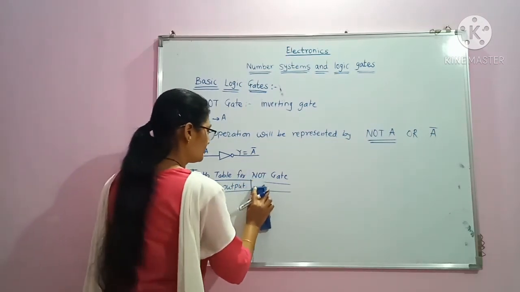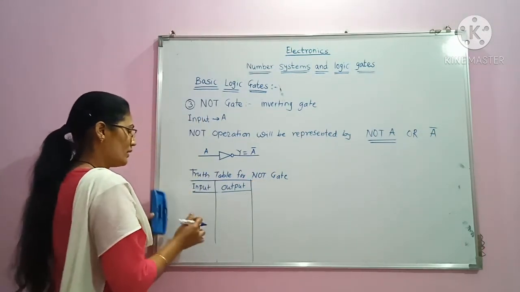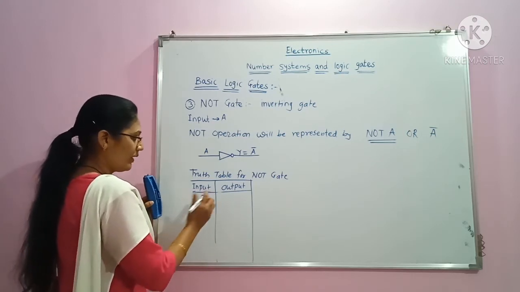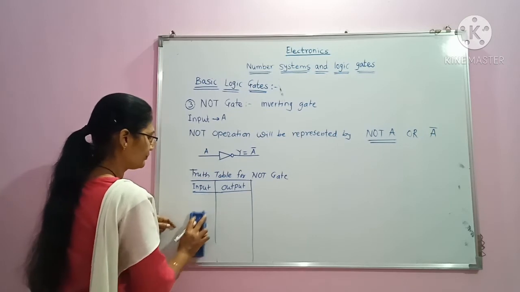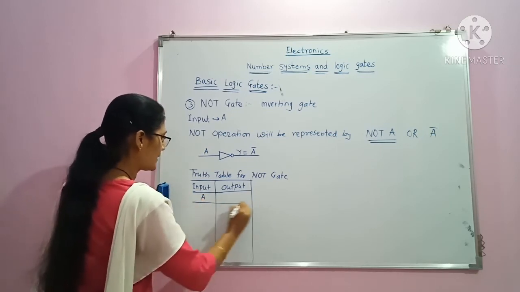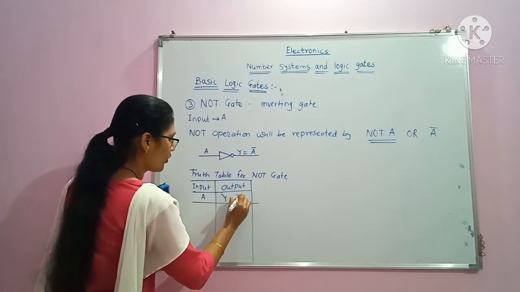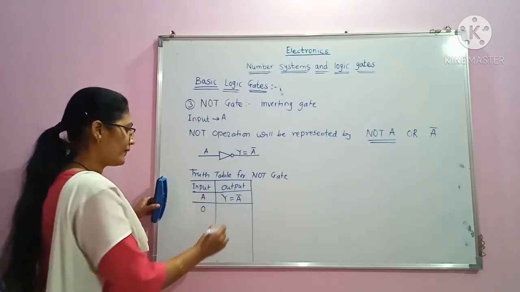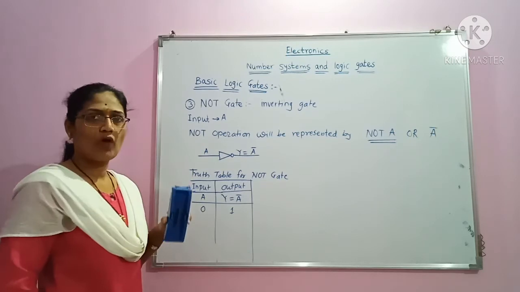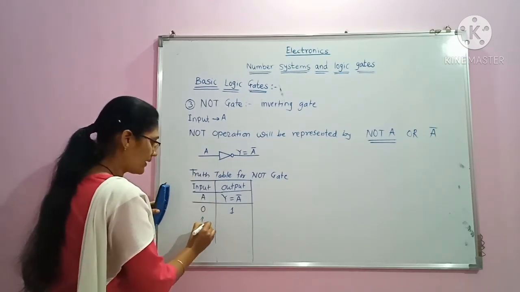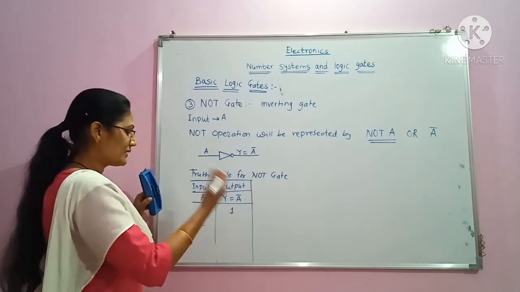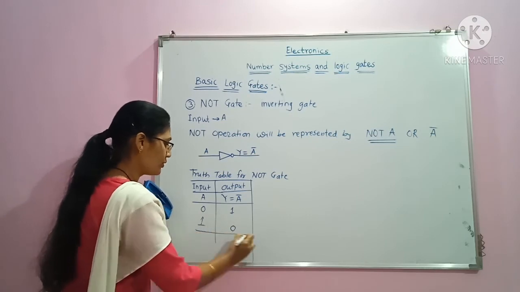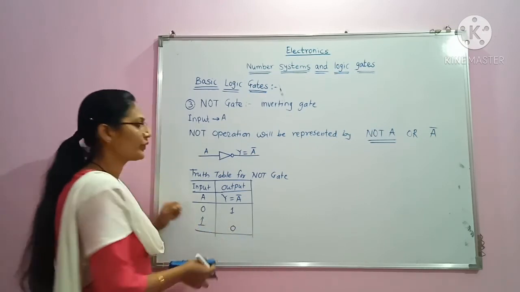We know that there are only two possibilities for the input, 0 or 1, and the output is going to become the complement of A. So suppose I have taken the value of A as 0, then A bar is going to become 1, and with A as 1, I am going to get the value of A bar, that is the inverted input, so the inversion of A is 0. So this is the truth table for the NOT gate.